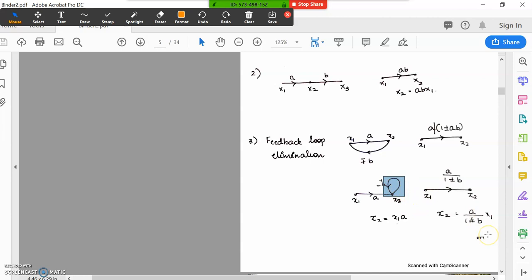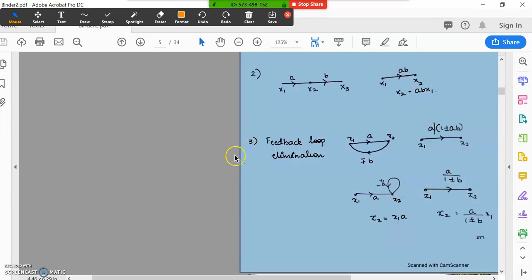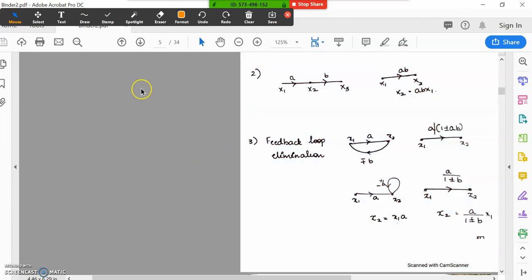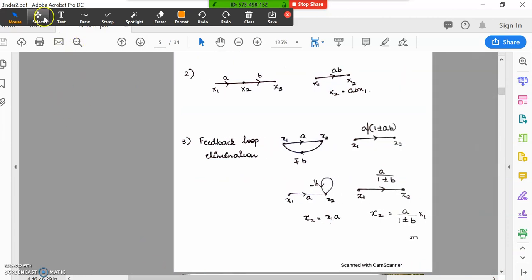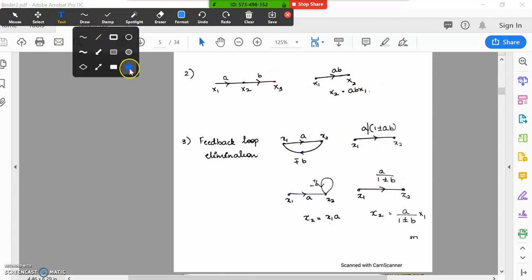And here the self loop is, I'll just try to draw it and show how it actually is. Suppose a self loop means it will be like this.